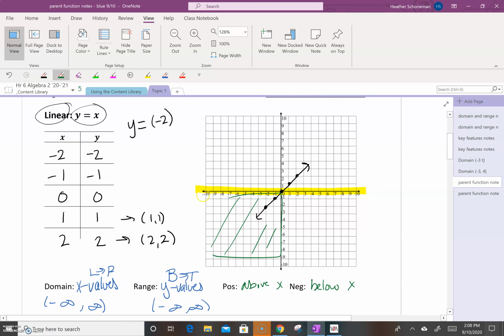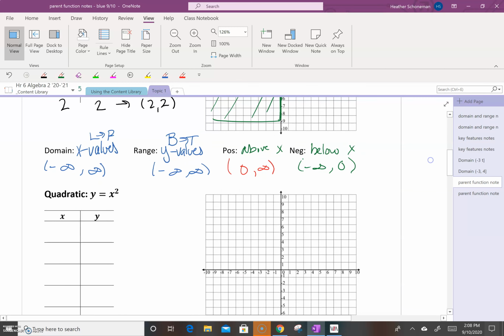As we read the intervals, we read it on the x, and it keeps going off to the left, so it starts at -infinity and stops right here where x is 0. It's a parenthesis because at 0, it's not above or below the line. When that interval ends, another one begins, and from 0 on, this is positive. It starts where the other one ends at 0, and because it keeps going in this direction, it's infinity. So there's our two regions.